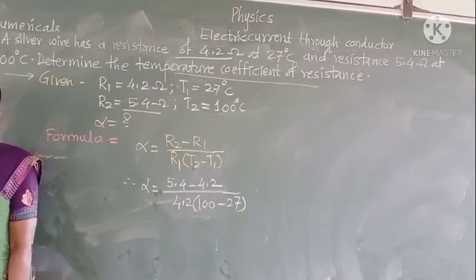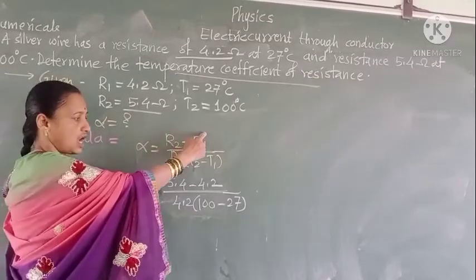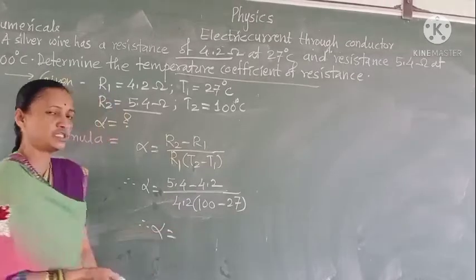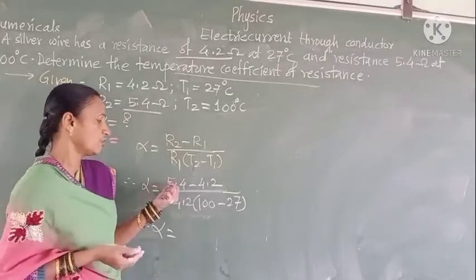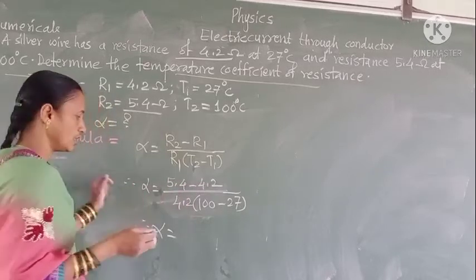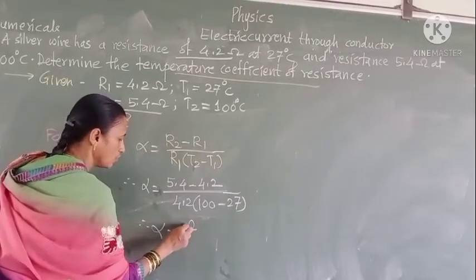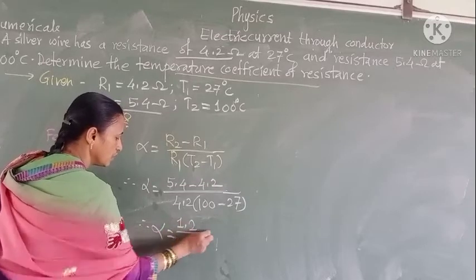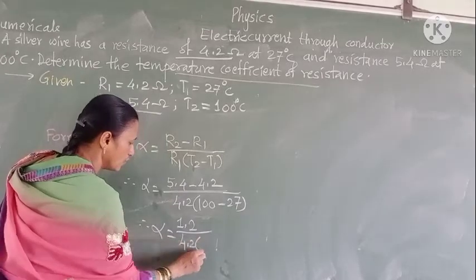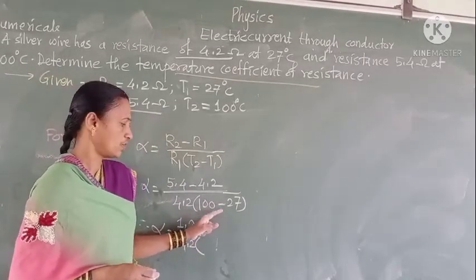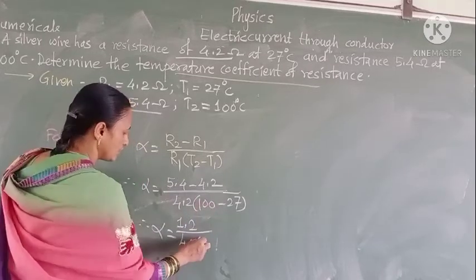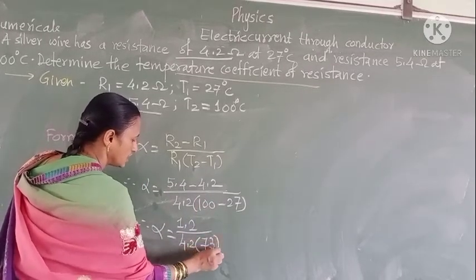Hence, alpha is equal to, then we have to mathematically subtract 5.4 minus 4.2. Here 4 minus 2, that is 2, and 5 minus 4, that is 1. Here we get the value 1.2. This is upon 4.2, and 100 minus 27, we get the value 73.